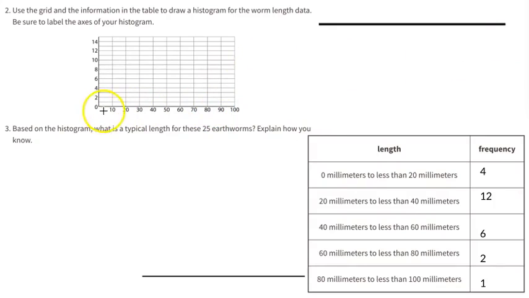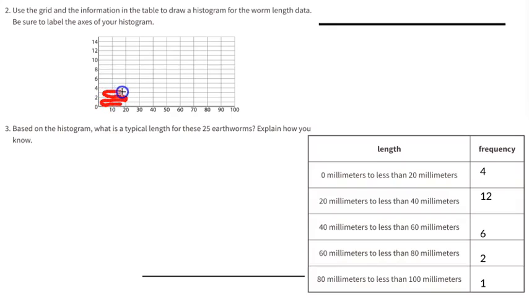Using what they shared with us, we're going to do some wider chunks. So this is not too hard for you to draw out. You can even use the bottom of your notebook paper and draw your y-axis and your x-axis and just use the blue lines, because we're not going to use too many. In fact, we're only going to use a maximum of 12. Okay. So 0 to 20, that's going to be in here, and we had up to 4.